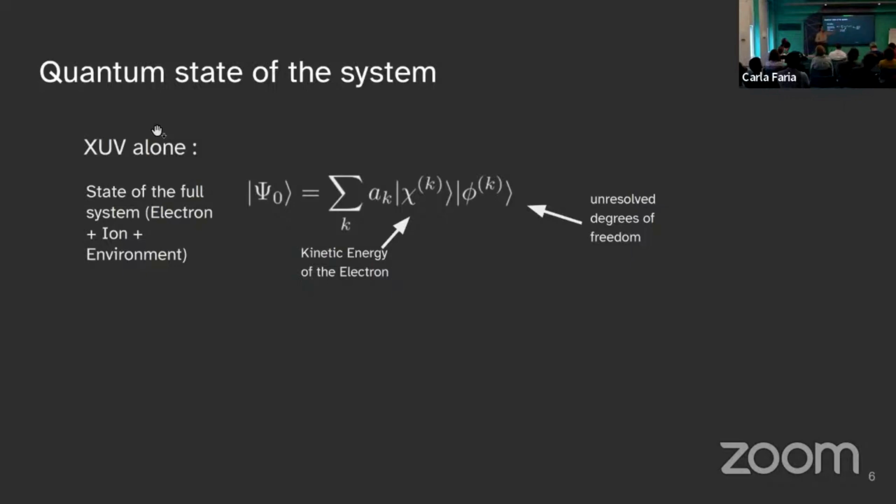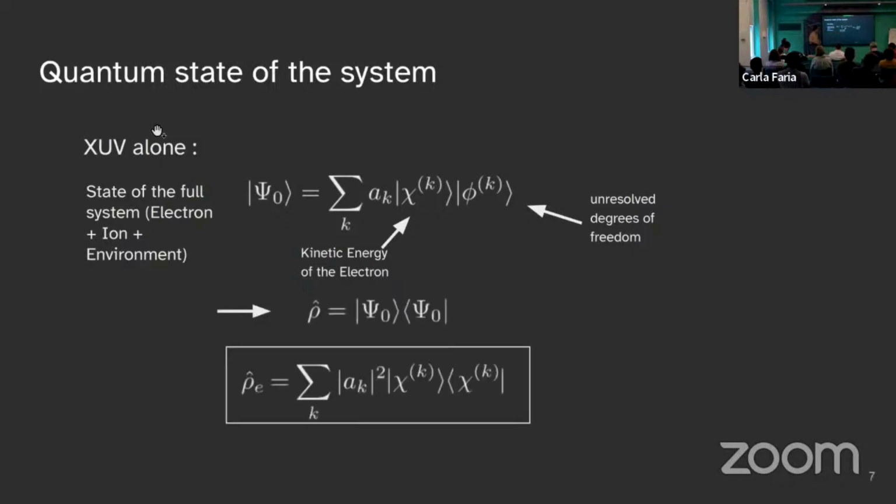And we have different channels that are represented by the vector. And from that, we can compute the density matrix, and especially the density matrix of the electron. It's associated with the A and K, and the wave function of the electrons.